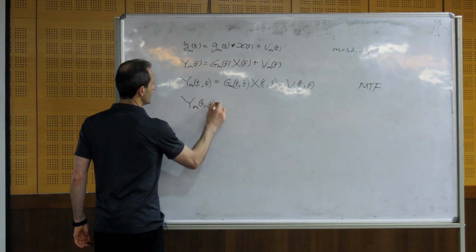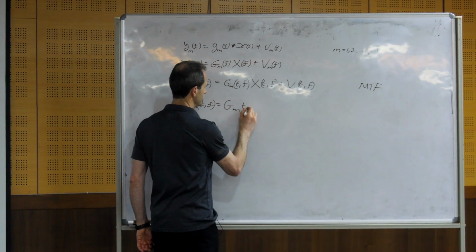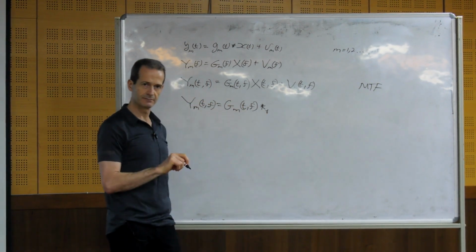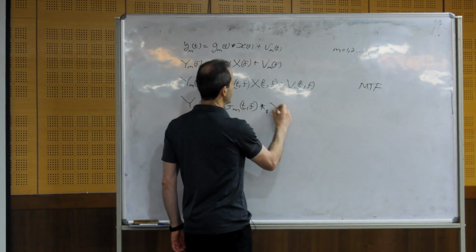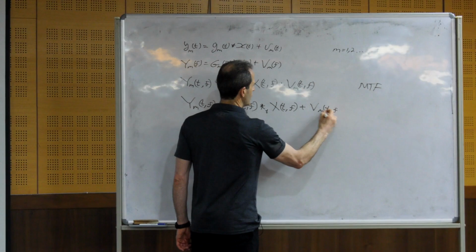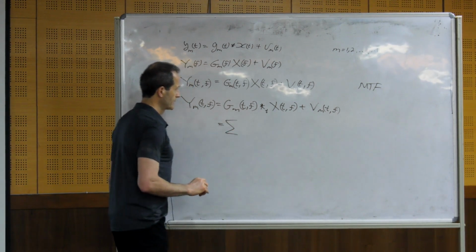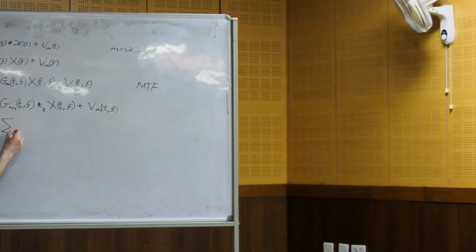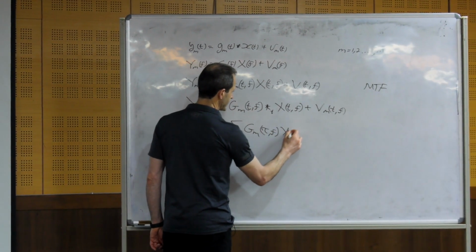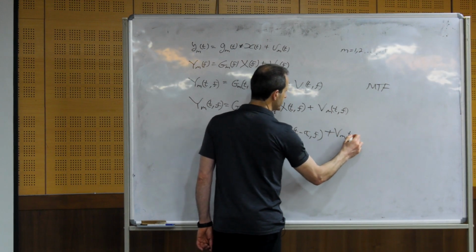Y(m,t,f) we can write as G(m,t,f) convolved, and here the convolution is just along the time, with X(t,f) plus V(m,t,f), which means that we can write it as a sum over tau of G(m,tau,f) X(t-tau,f) plus V(m,t,f).